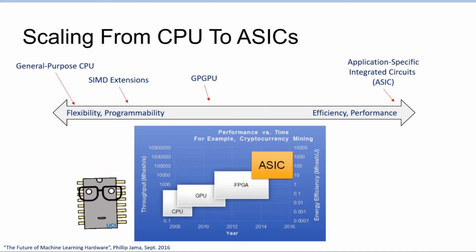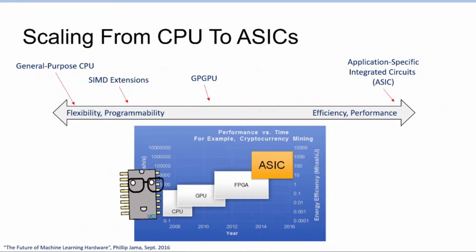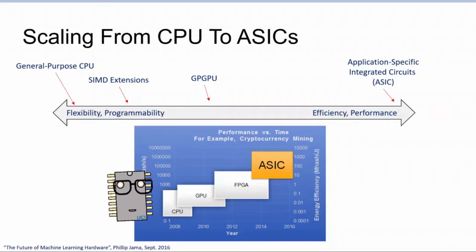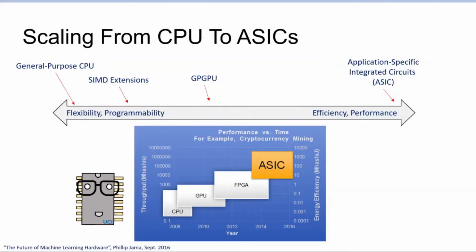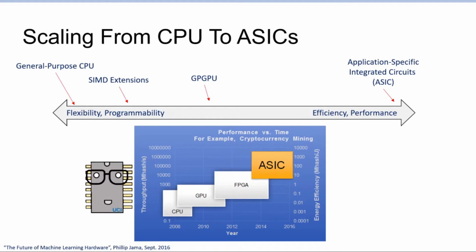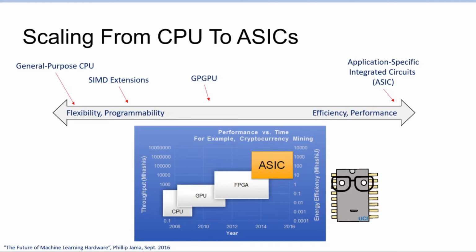This is a chart which compares the performance and energy efficiency on cryptocurrency mining. I think this was from Bitcoin. The left axis is throughput in terms of performance, and the right axis is power efficiency in terms of performance per power.